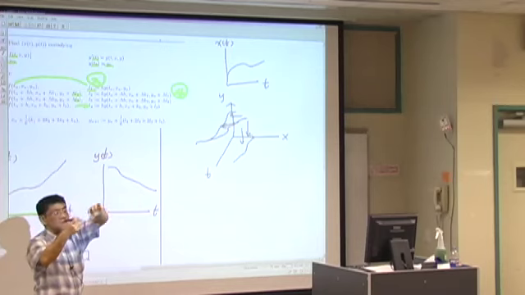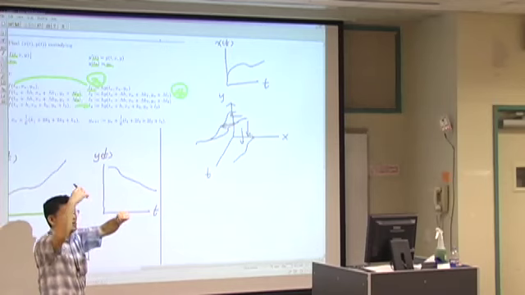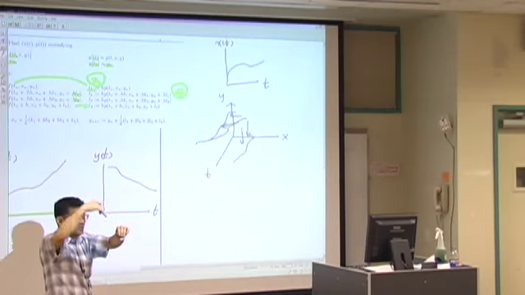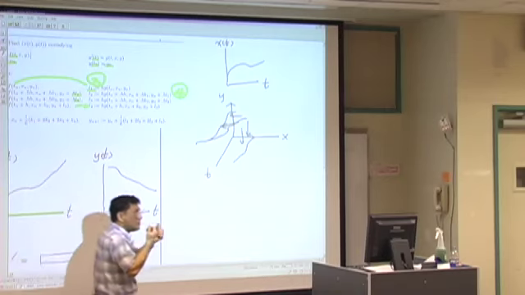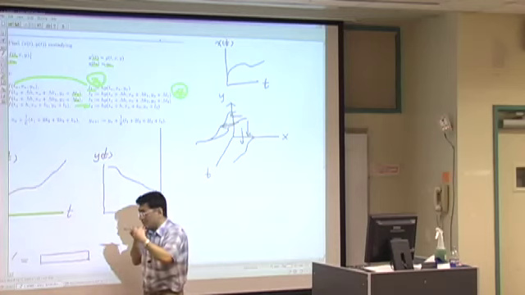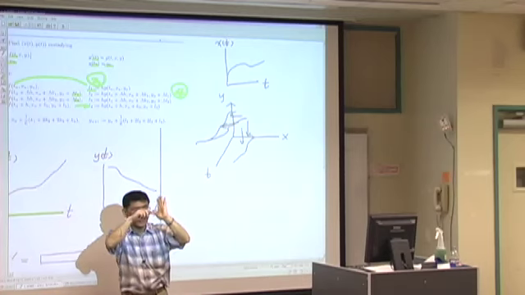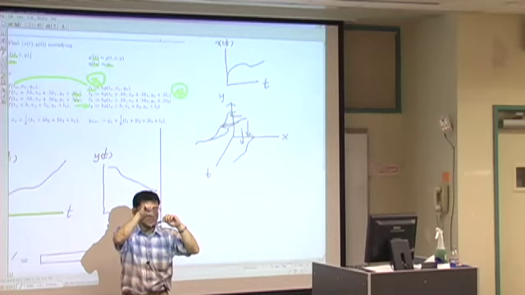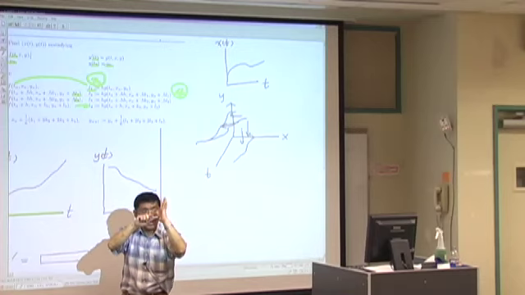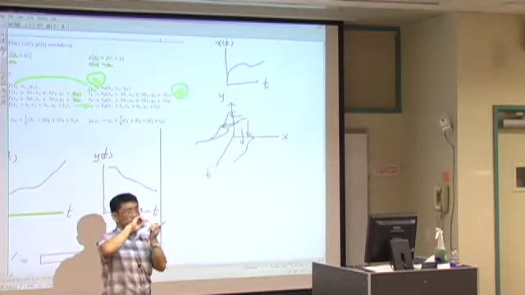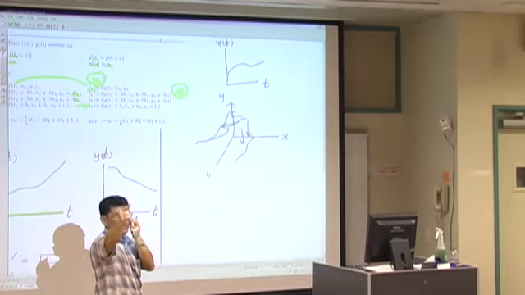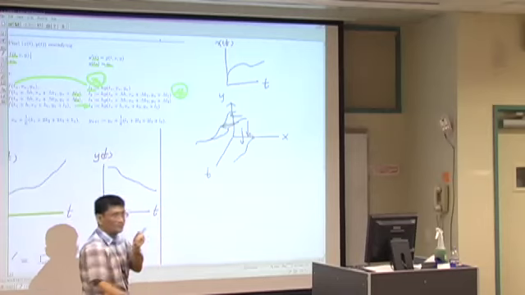But if we don't project, then it is a two-dimensional curve, right? Because of time change, time itself becomes one axis, so it looks like a three-dimensional curve.